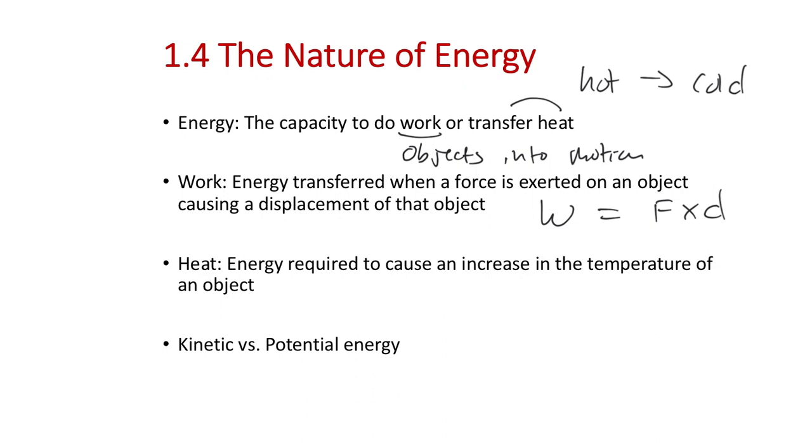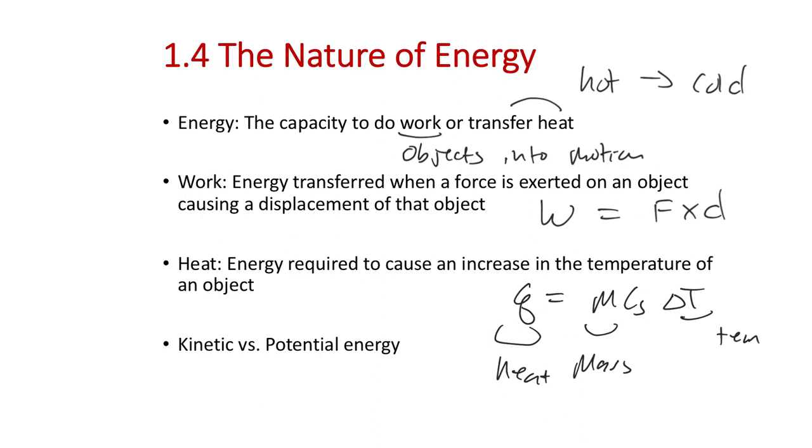And heat is the energy required to cause the increase of temperature of an object. You may have seen this equation too, that q is equal to m c s delta T. If you've never seen this before, we'll use this more and define it again in chapter 5, but this is just the heat required to cause a certain mass of water to undergo some temperature change.